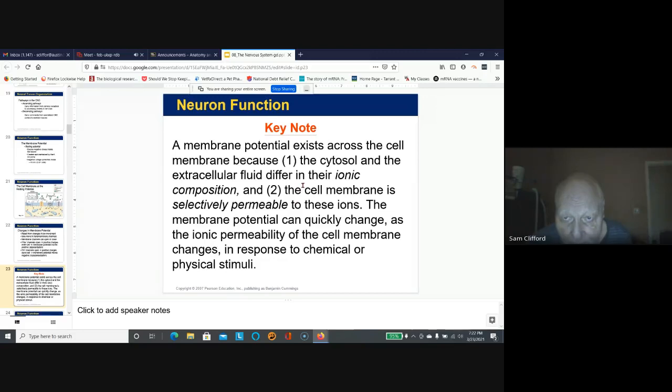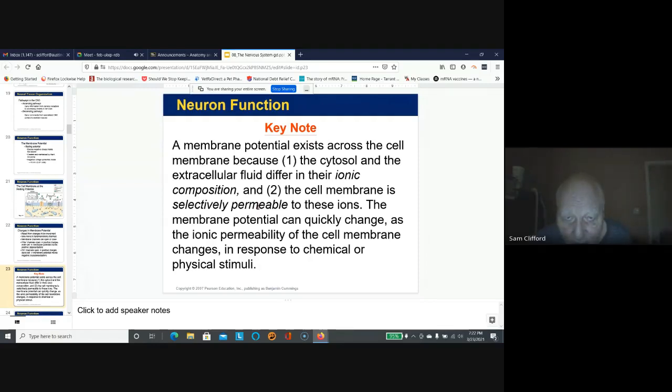Okay, so the whole purpose of the nerve cell is to maintain a particular balance between the charges in the cytosol and the extracellular fluid. The cell membrane is selectively permeable.